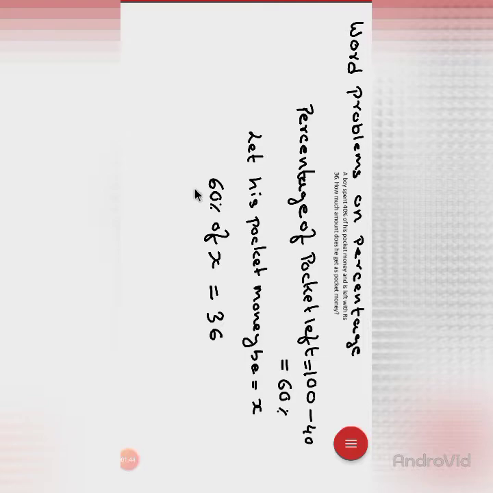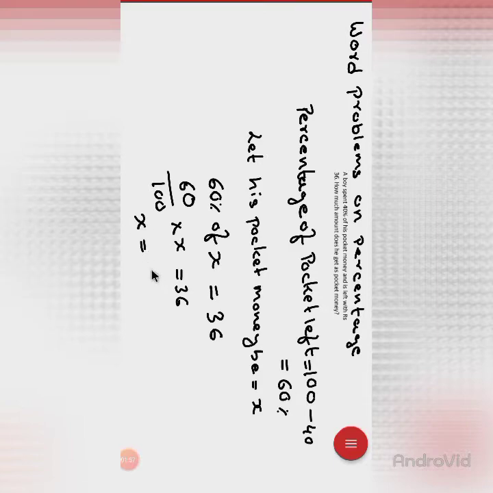So now let's solve this equation. 60 by 100 into X equals 36. X will be equal to 36 into 100 divided by 60. When we take this 60 by 100 to the right hand side, it will become 100 by 60.